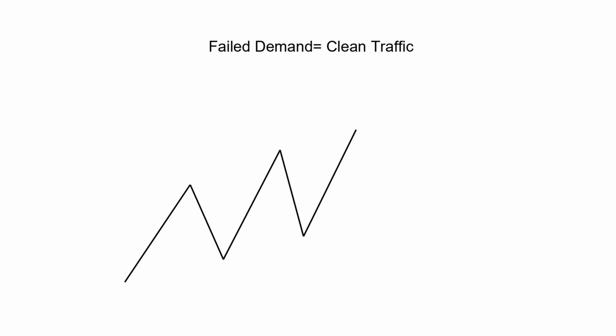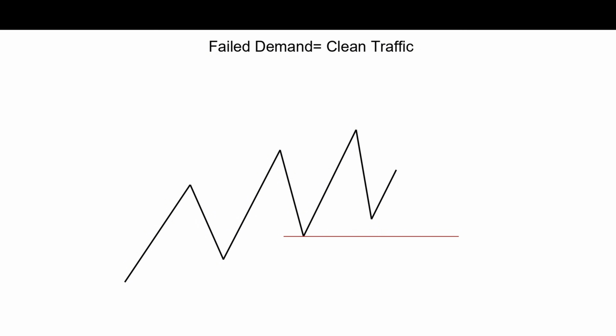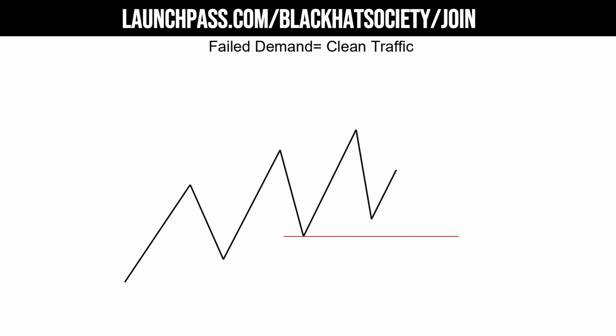So now let's talk about clean traffic. So as you can see, you have your swing low. And let's say in this case, we're targeting this swing low for external liquidity. Now price approaches this level, but rejects. So now what you need to do is understand why price rejected. Price rejected because of internal liquidity.